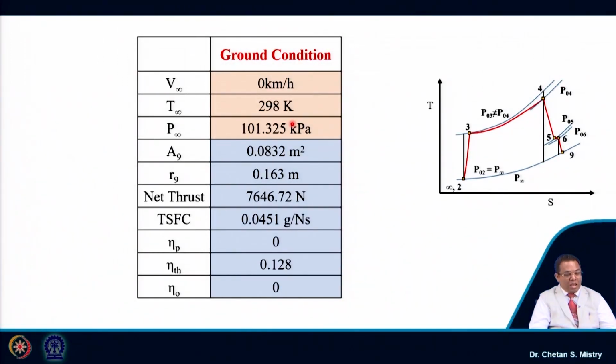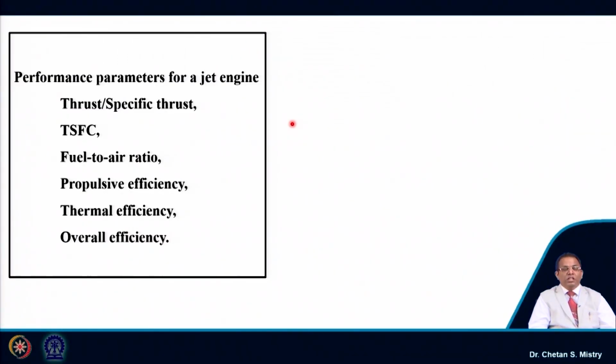Okay. Now, looking at these performance parameters, the performance parameters for the jet engine are thrust, thrust specific fuel consumption, fuel air ratio, propulsive efficiency, thermal efficiency, and overall efficiency.